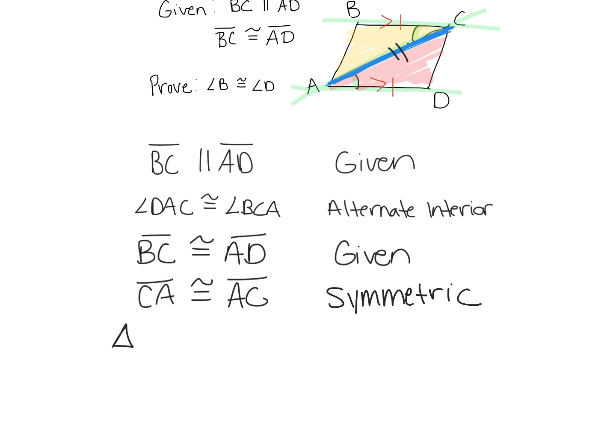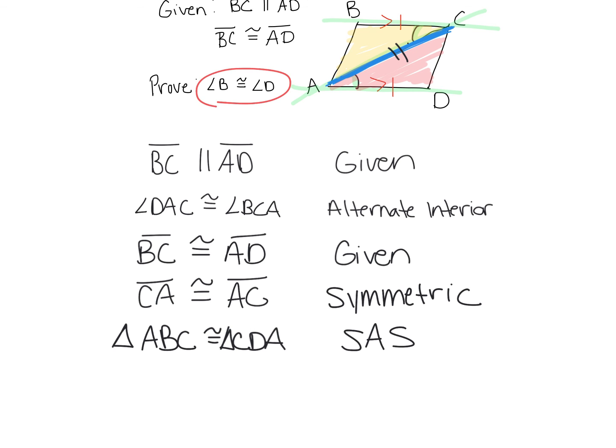So triangle ABC is going to be congruent to triangle CDA, and that's because of, let's see, I have a side, an angle, and a side, and there's no right angles, so that's going to be side, angle, side, but that wasn't my goal, okay?